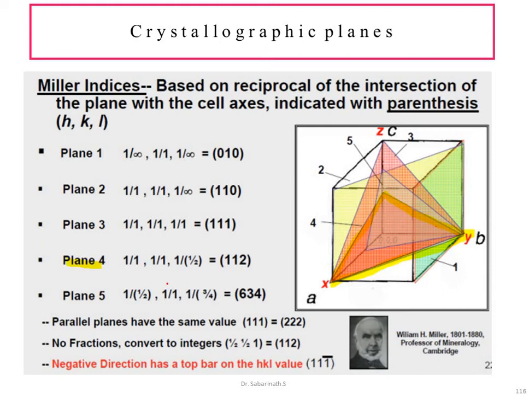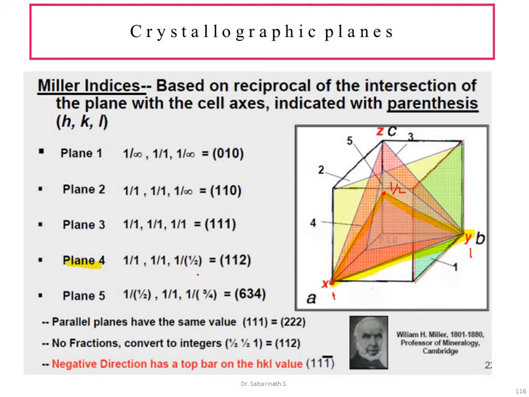Here we can see that it intersects the x-axis at 1, it intersects the y-axis again at 1, and you can see that it intersects the z-axis exactly at the half or middle. So I will write it like 1, 1 and half.